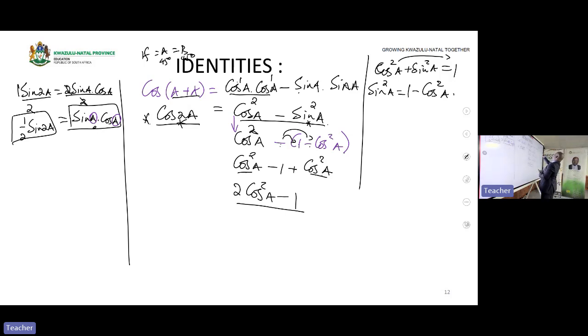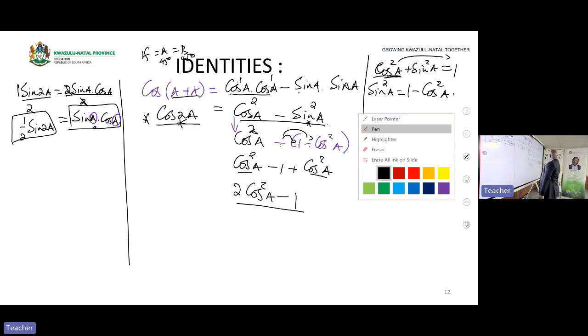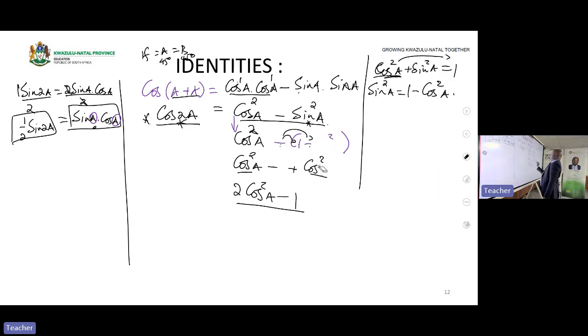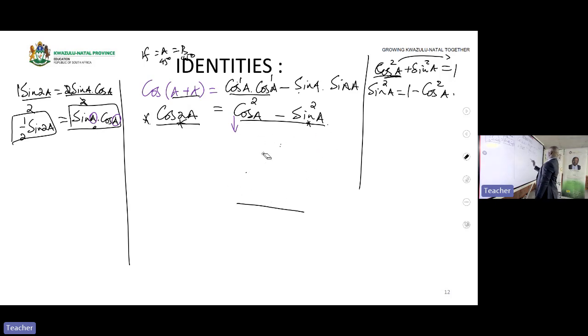Same thing applies if we manipulate and make cos the subject here. What are we going to have? If we manipulate that one, we are going to have another third identity for the double angle for cos.